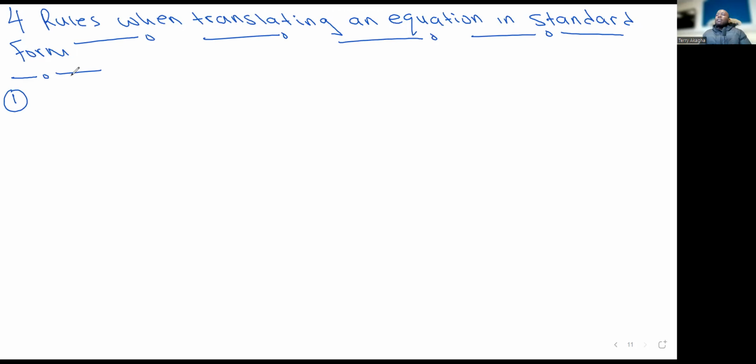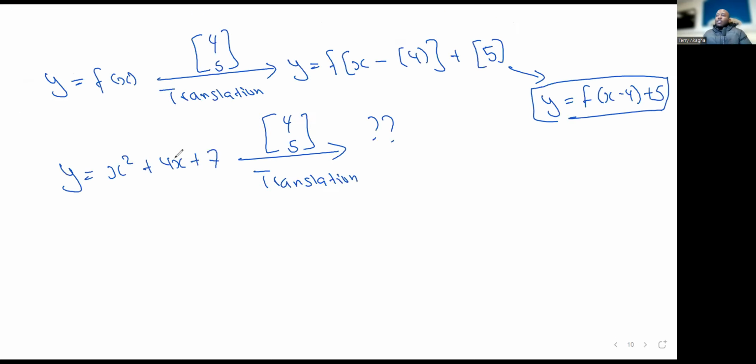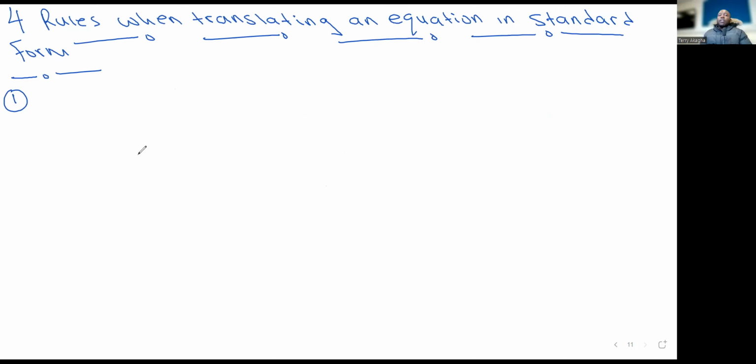When you are given an equation, for instance a quadratic equation, and you're asked to translate it by 4 units to the right and 5 units upwards, the first thing is to make sure that you write the original equation in standard form.